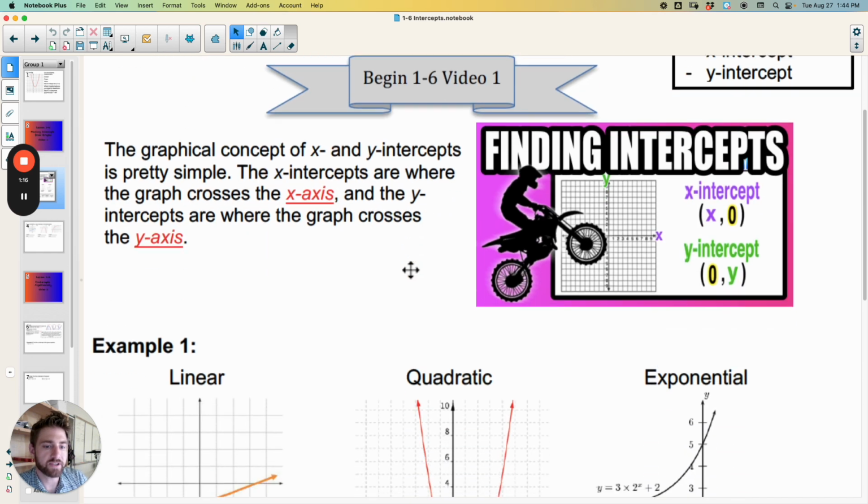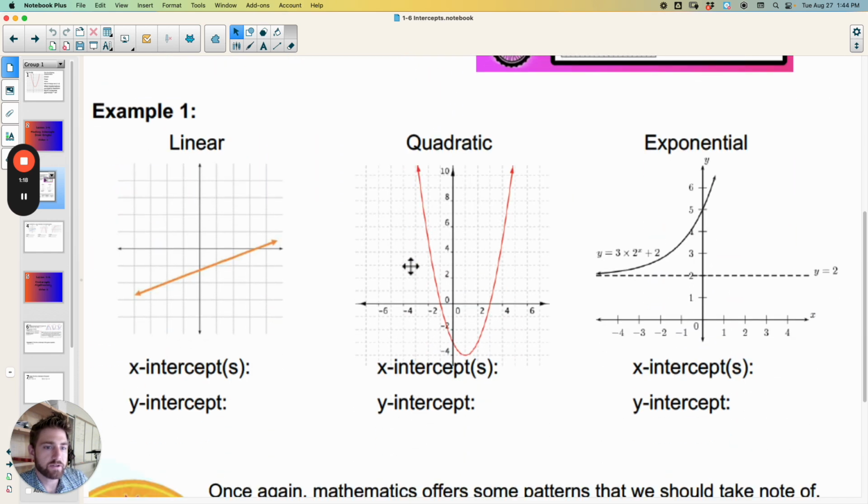Alright, let's do a couple examples down here. For example number 1, we have 3 different examples. For the first one, we have a linear function, and we're just going to estimate here. It looks like this is crossing at about 3 1/3, and exactly where it is is not as important as understanding that for your x-intercept, your y value will always be 0.